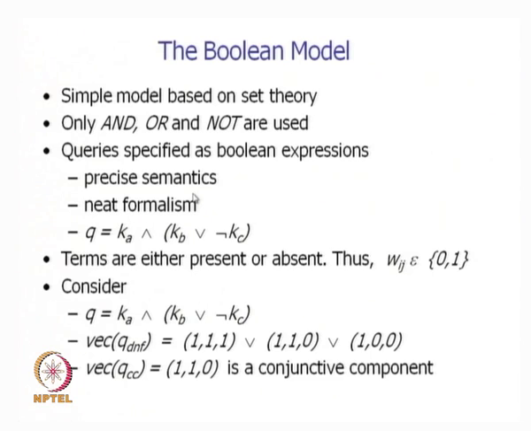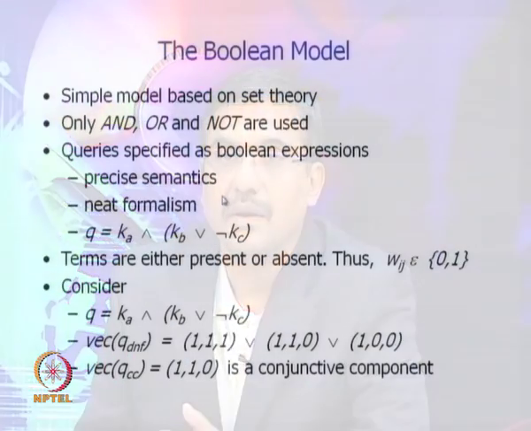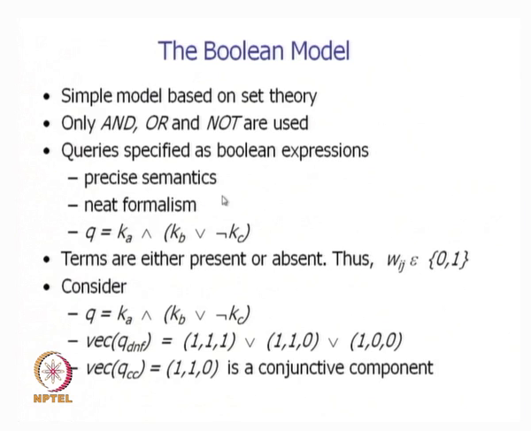So, what do we mean by this? The semantics is precise means that the meaning of the query is well understood in terms of presence or absence. So, if we say the query is K1 and K2 and not K3, in that case the meaning is very clear.